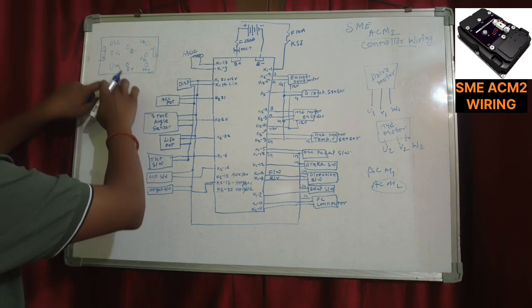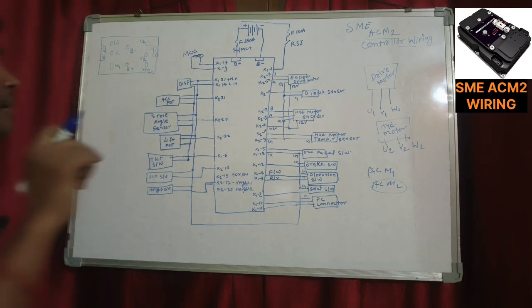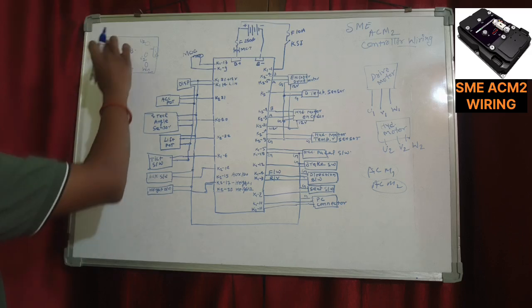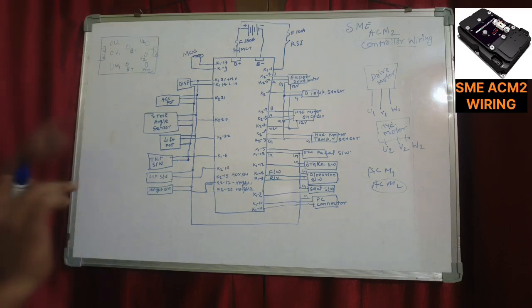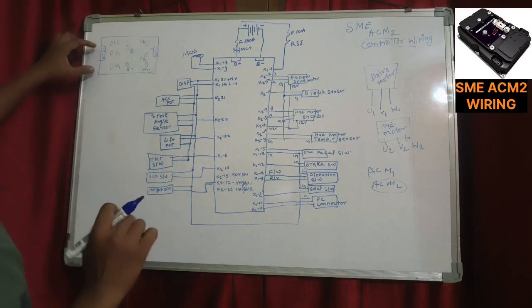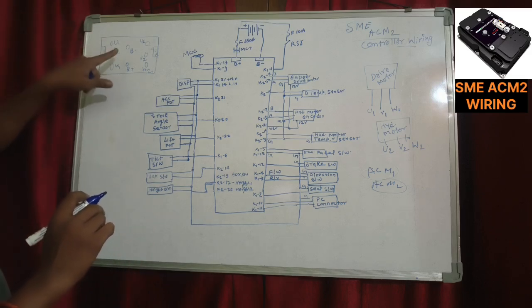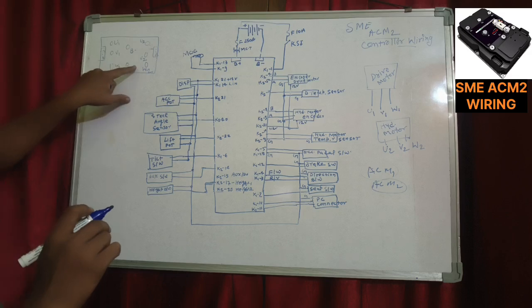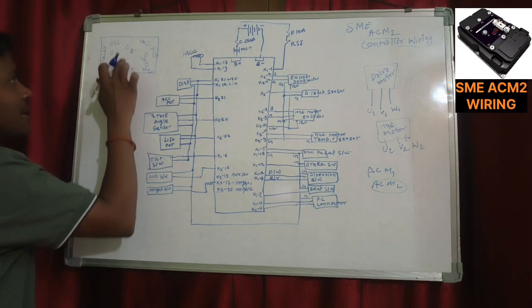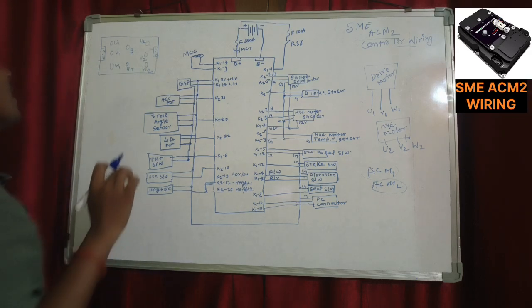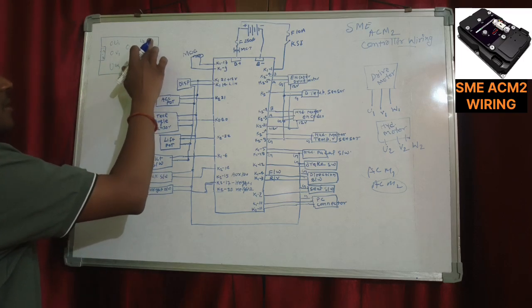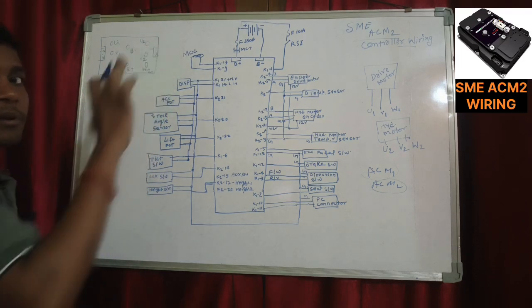I have drawn a diagram for this controller. There will be eight power terminals and two communication ports. In those eight power terminals, there will be one B plus and one B minus terminal, and six output ports, three for the drive motor and three for the hydraulic motor.